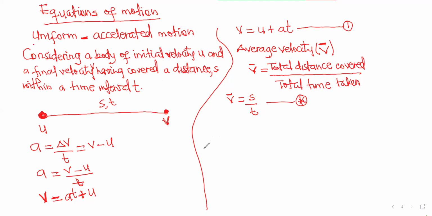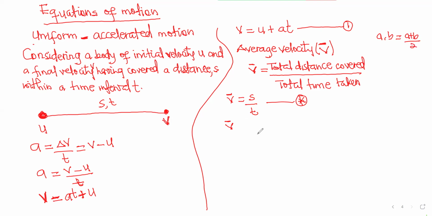Another way we can determine average velocity v bar is this: if you have two numbers a and b and you are asked to calculate the average of these two numbers, how do you do that? Calculate the average or the mean of these two values. Yes, Aram. You should add the two numbers and then divide by the number of numbers, which is 2.